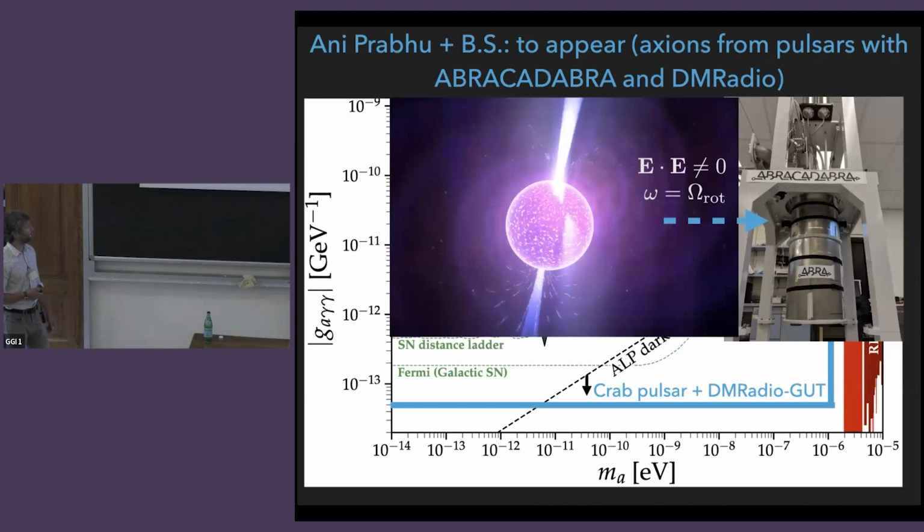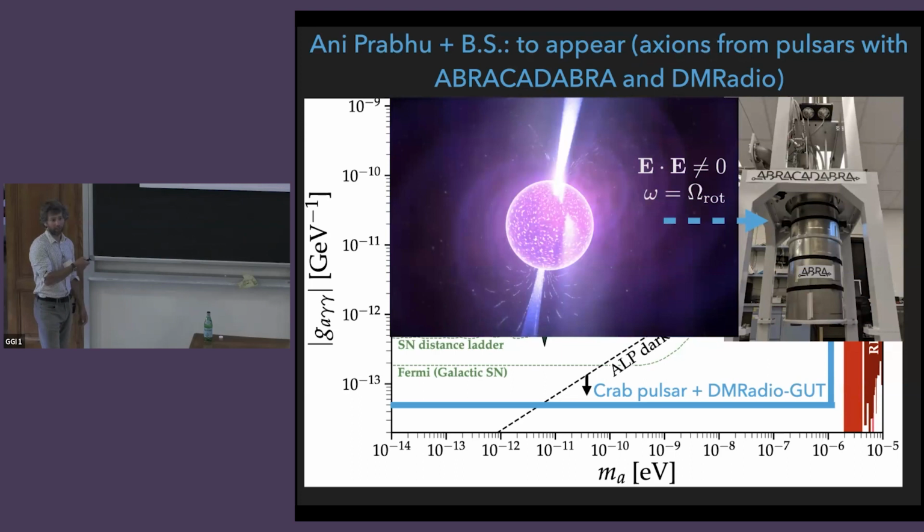This is not the unicorn, but one idea which I've been brainstorming recently, which I'm just going to sketch because I can discuss it more offline, and which could get us down to a few times 10 to the minus 14 inverse GeV, is looking at axions being produced in pulsars and then detecting them with DM Radio GUT.